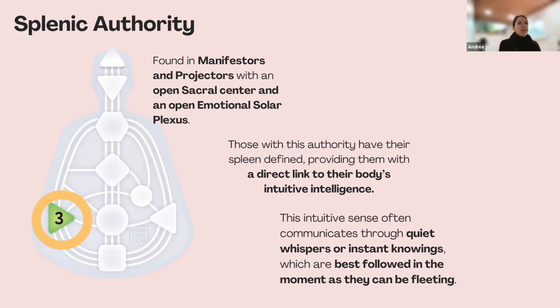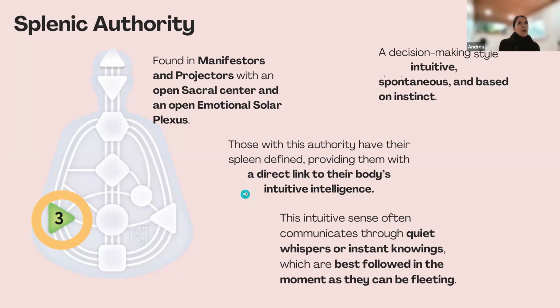So the way I found it described on the internet is that it kind of whispers. It's not necessarily a very strong yes or no like a sacral authority would have. It's more of a tapping into that intuition. It's based on instinct, because the spleen center where this is located is a center for instinct, for health and wellness, safety.